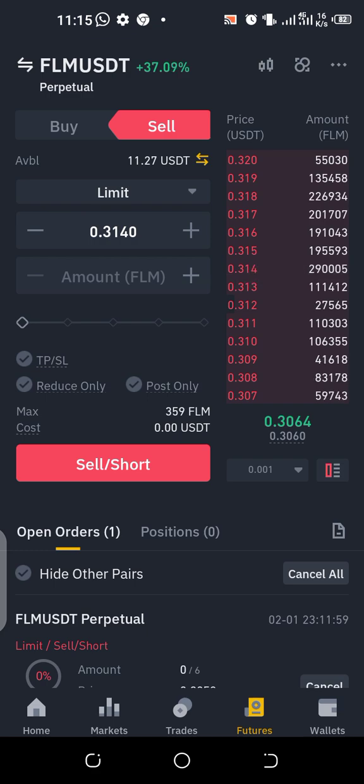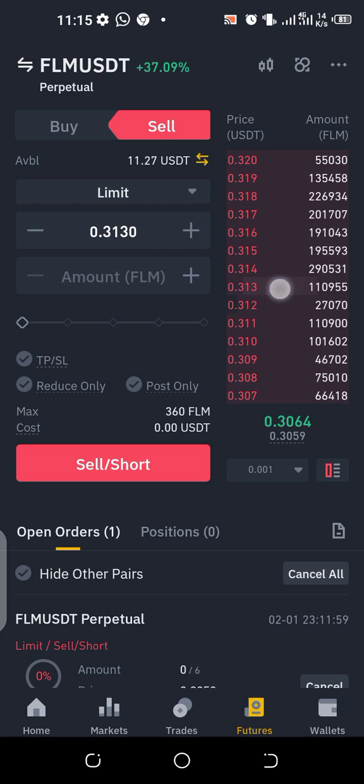Usually I'll subtract 1.5 times the denomination. For example, I'm using 0.001, and at 314 is where I think it will fall. I'm going to place my sell order a little below 314. So I can place it at 313, but I'll remove half the denomination from there.